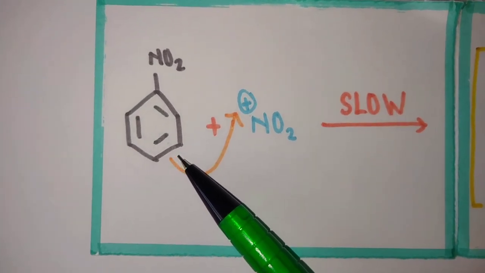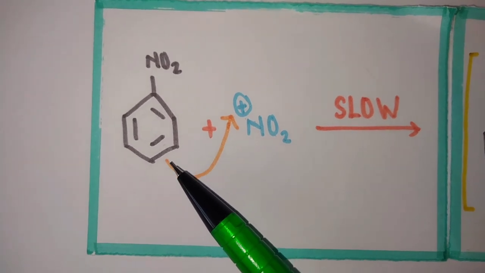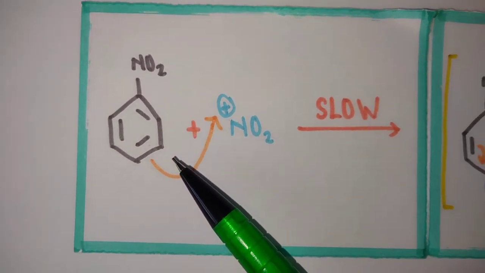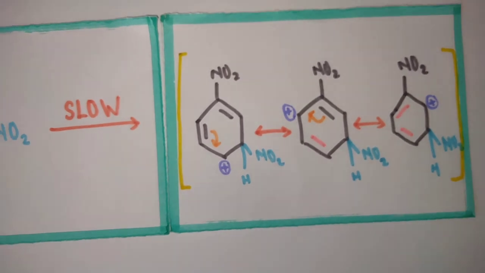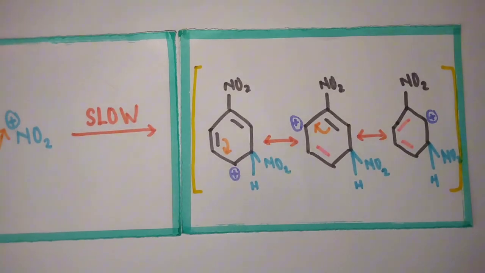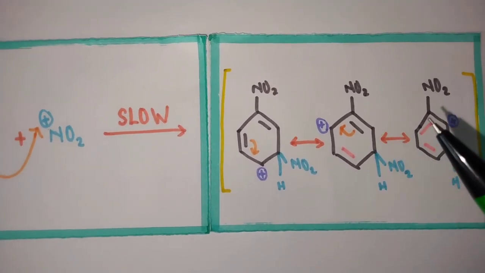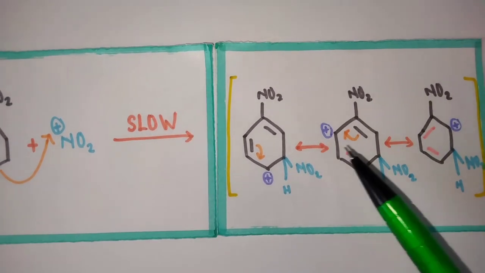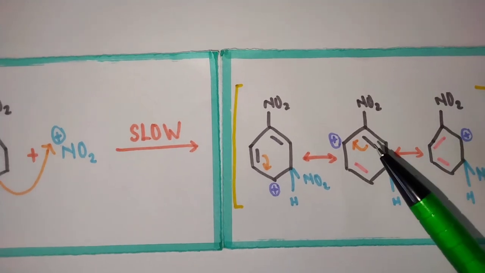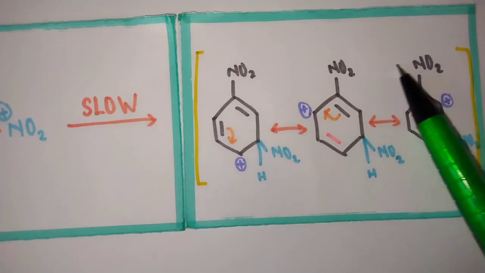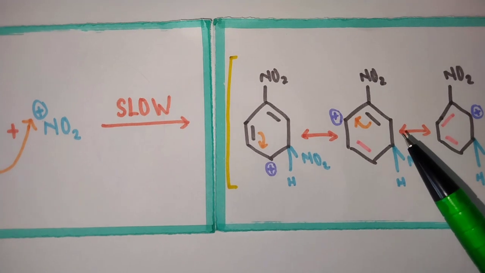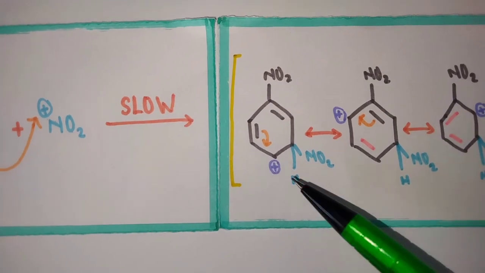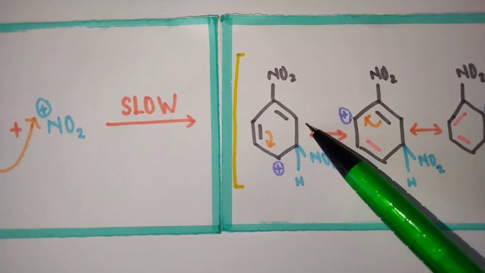This results in the formation of a sigma complex, or we can call it the arenium ion here. In these arenium ions, the positive charge is delocalized over the nitrobenzene.